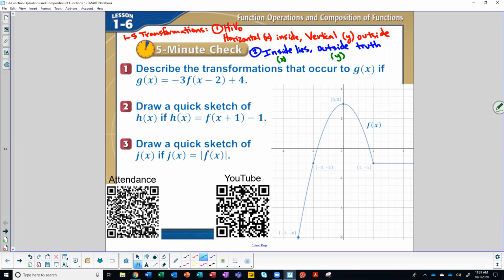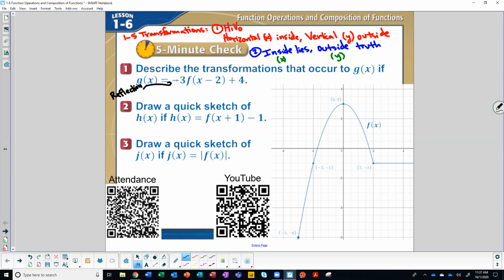Now let's check and see how these problems get changed. So on the lessons, I talked about how a negative reflects. And so I'm going to have a little Q&A here. It's a reflection, and I want you to use the rules real quick. This negative occurs outside of this parenthesis. When I talk about inside and outside, I'm really referring to the parenthesis with F. That's the actual function you're looking at.